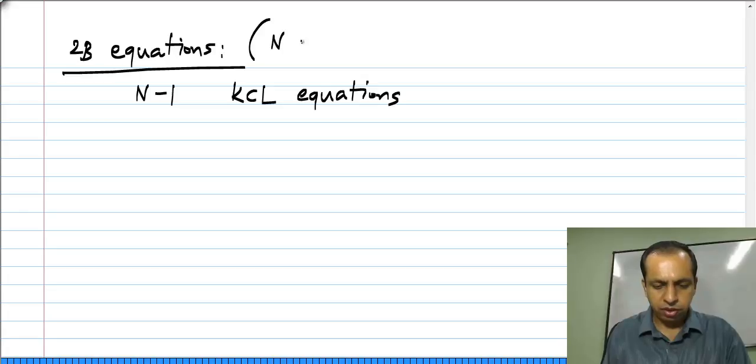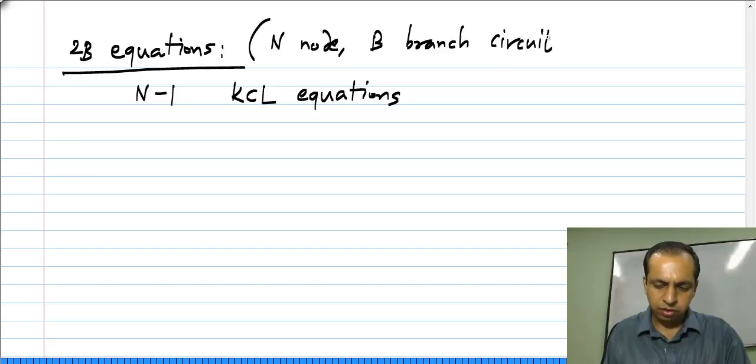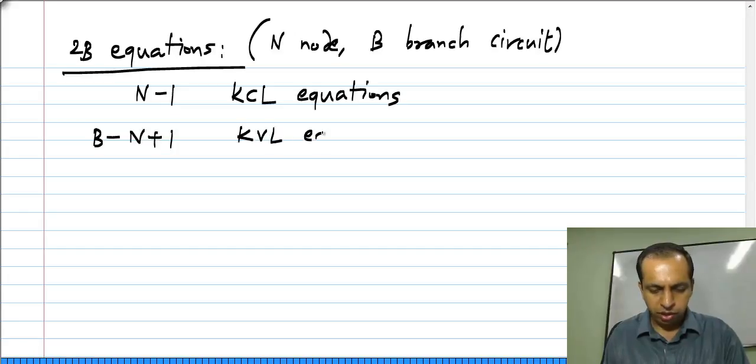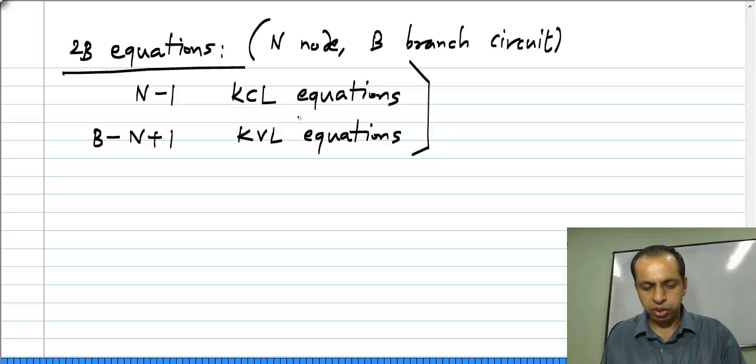So, this is for an n node B branch circuit. So, n minus 1 KCL equations, B minus n plus 1 KVL equations, and these two together will give us B equations.